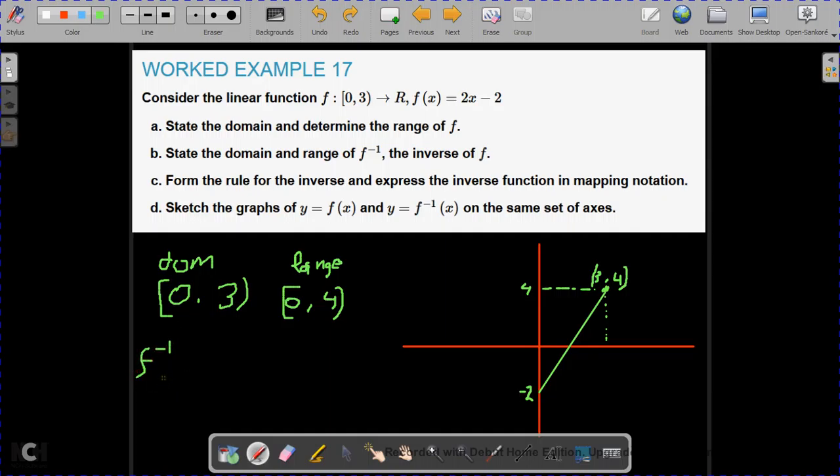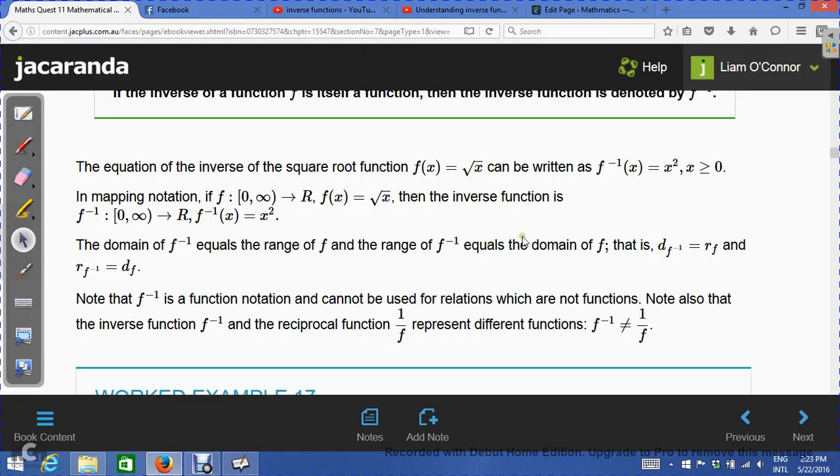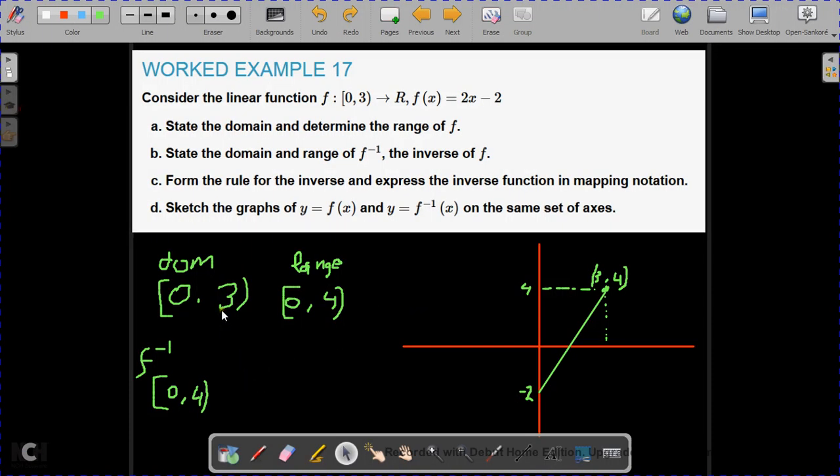So for our inverse, our domain is going to be the range, which is this one here. And the range of the inverse equals the domain of the function. So that's that one there. So that comes down there, and that comes down there. Okay, so we've done A, and that's B.